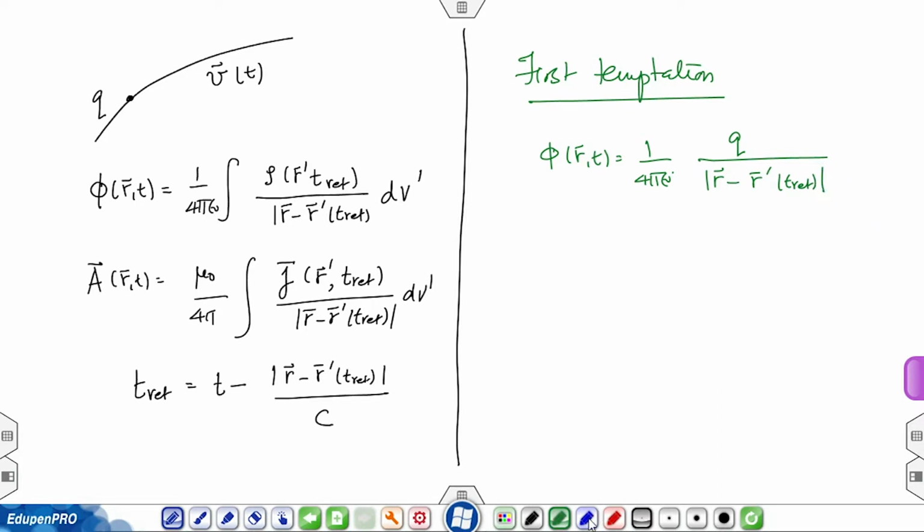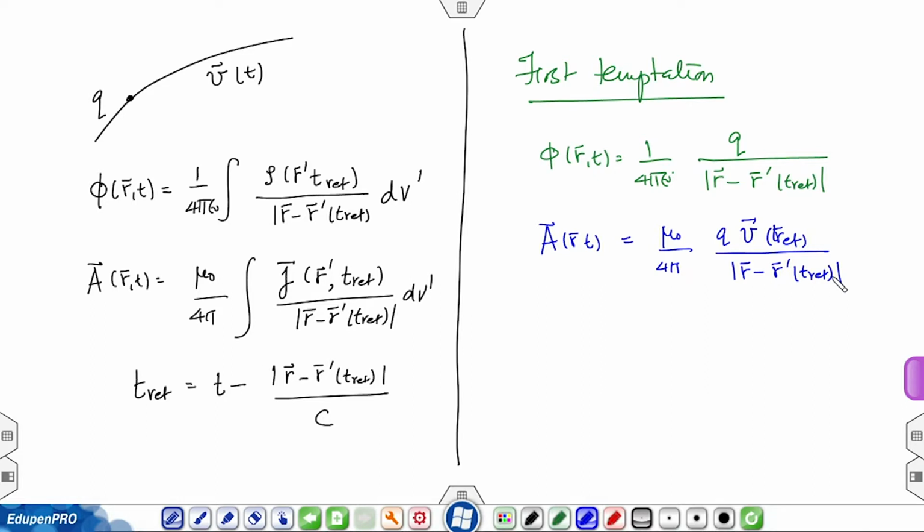And similarly, A r t will be equal to mu 0 over 4 pi q v at time retarded divided by modulus r minus r prime at t retarded.